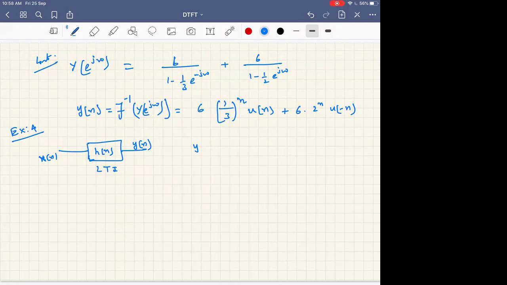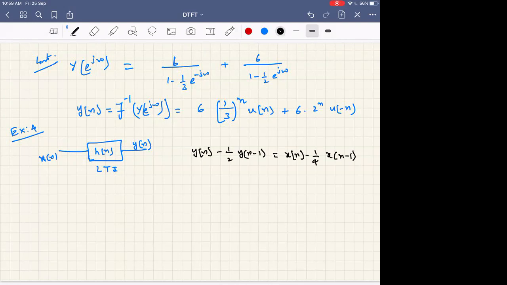Especially in discrete time systems, the other way of specifying the systems is through difference equations. So let us consider this system with the difference equation given by this. Let this be a system with initial rest conditions.